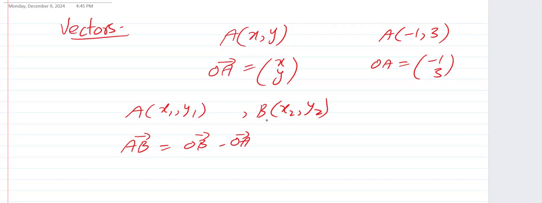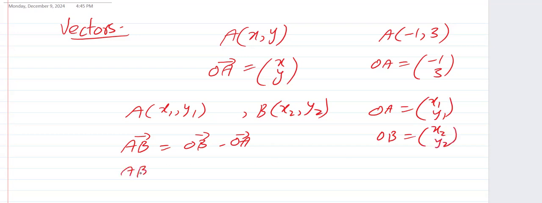And what will be OB? Obviously, you can make the column vectors from these points, as OA will be x1, y1, and OB will be x2, y2. So from here I can write the AB vector as x2 minus x1, y2 minus y1.